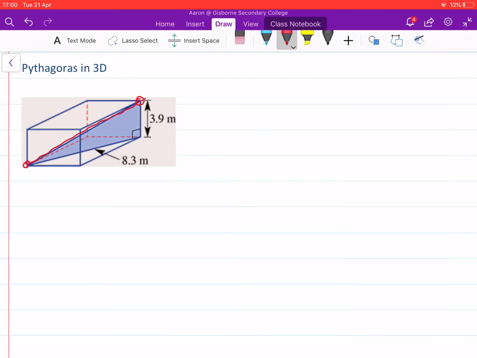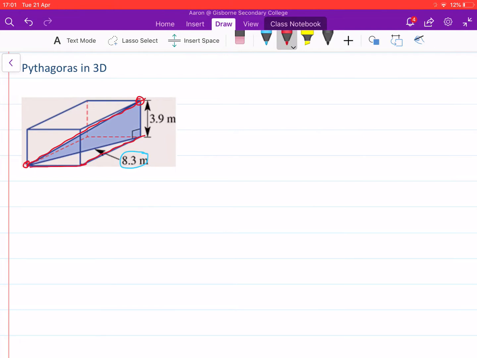up there. Okay. Now we've got a fair bit of information about this. Sometimes you can be given a question where we don't actually know this 8.3. So what they might do is they might give us the value of this line here, and which other one?